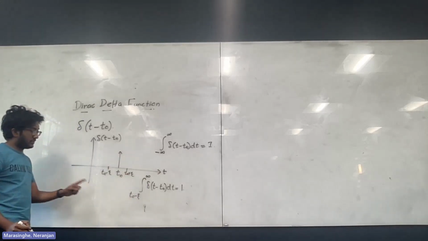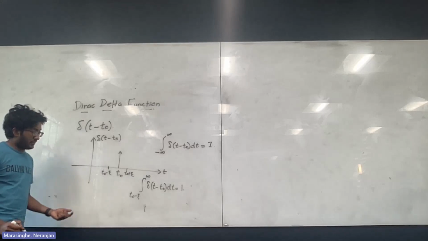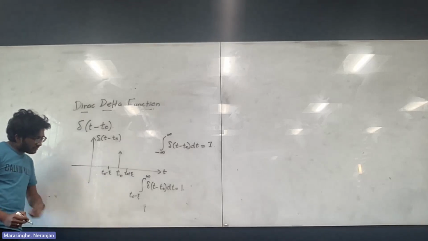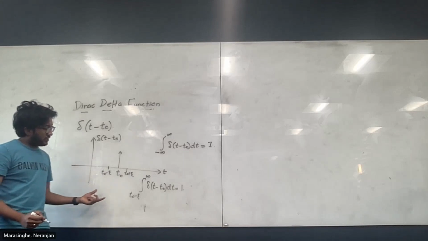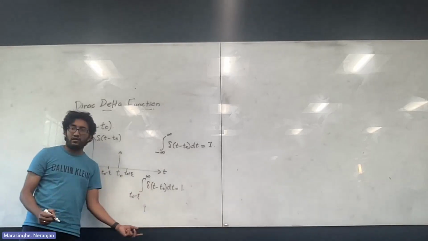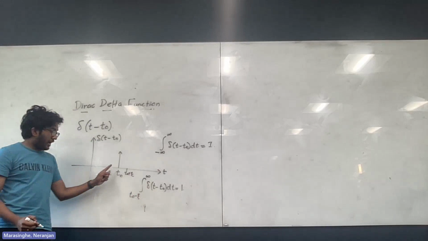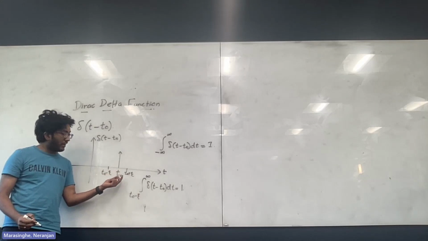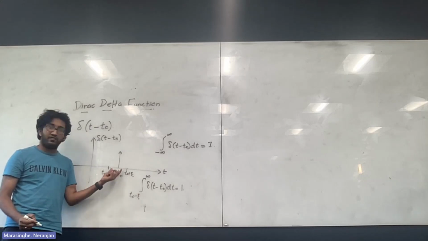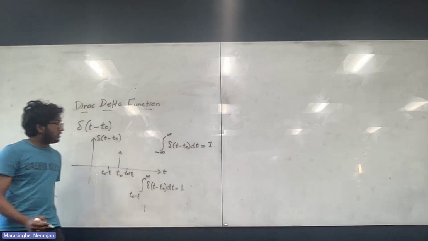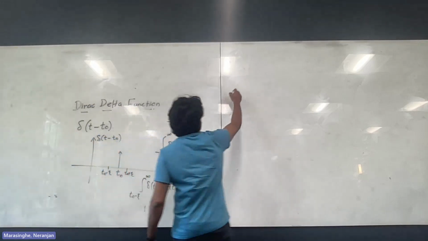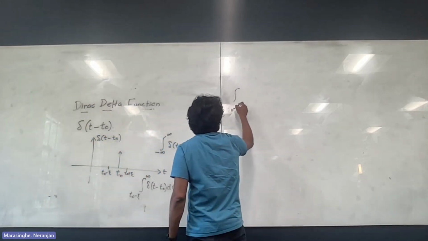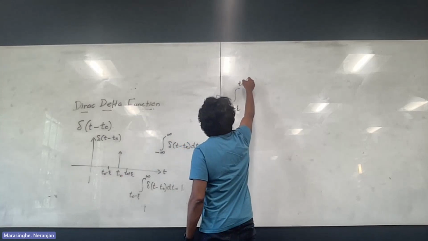Okay. This is the first property of the delta function, right? If you go through the delta function, your integration is going to be equal to 1. Okay, and at this point, the function is not defined, right? You cannot say what is the value of this delta function. You can only say what is the integral of that, right? For example, if I integrate this delta function from t naught minus epsilon to t naught plus epsilon.